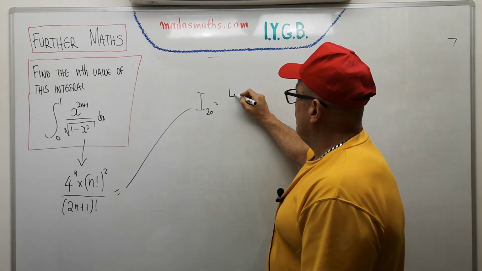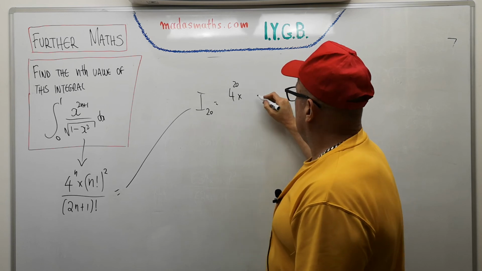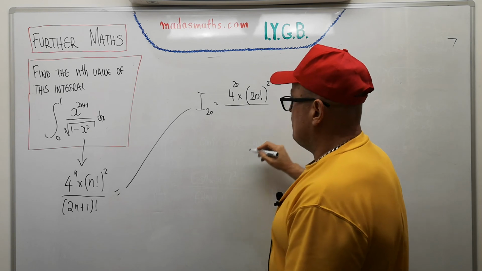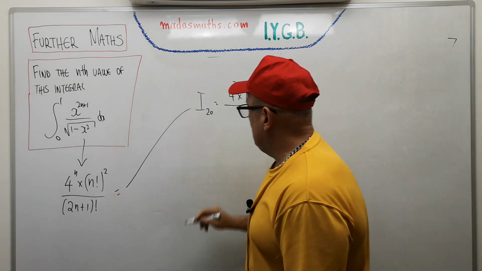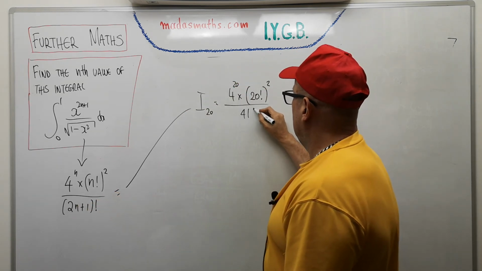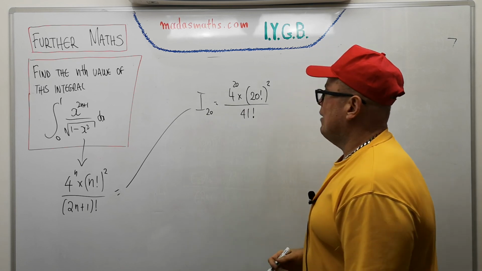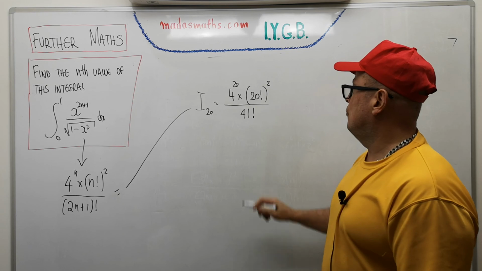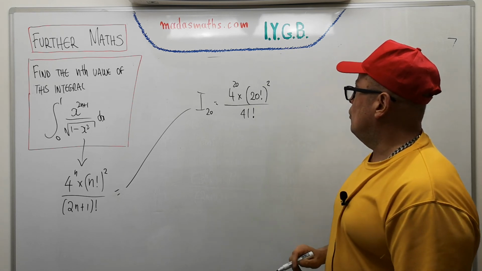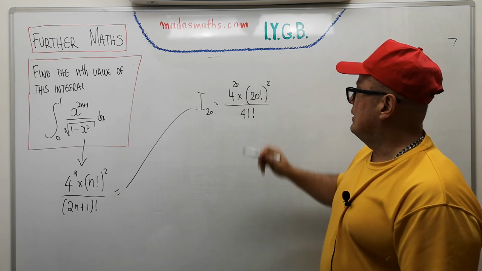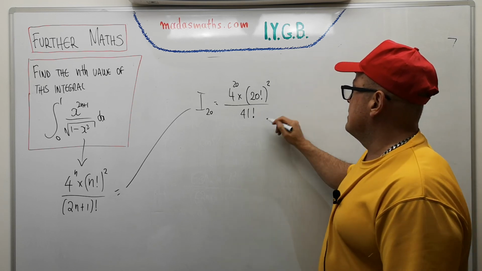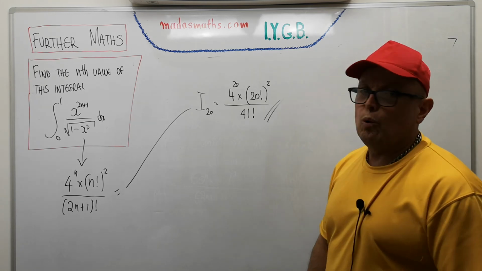It's simply 4 to the power of 20 times 20 factorial all squared divided by 41 factorial. So this one is going to be a fraction less than 1, definitely. The 41 factorial is huge compared to the 20 factorial all squared, and even then I think it will be under 1. So this will be the answer, and you could have actually worked it out.